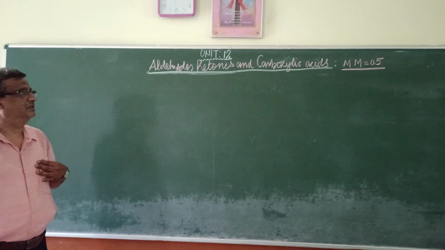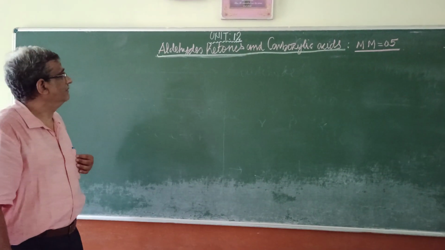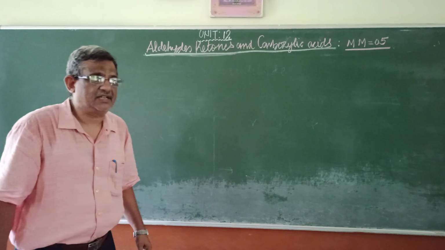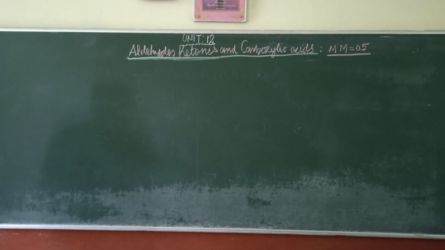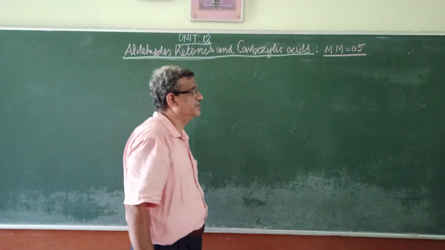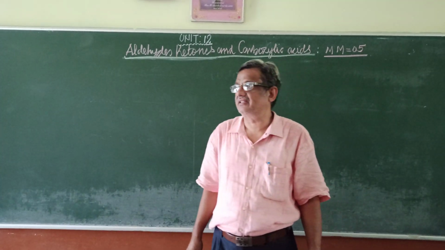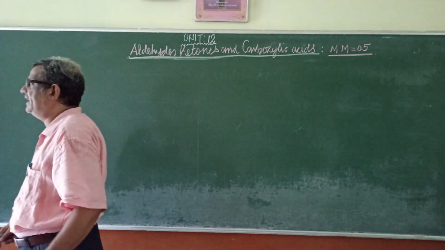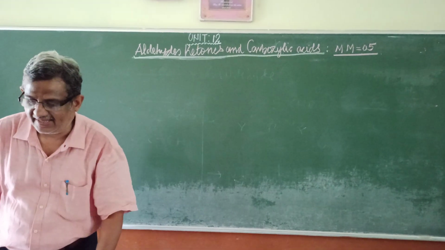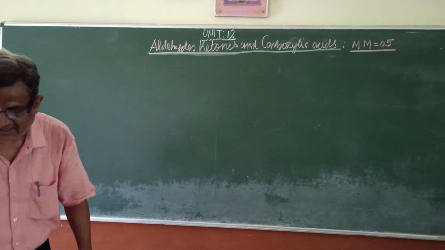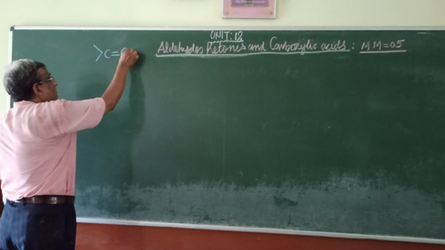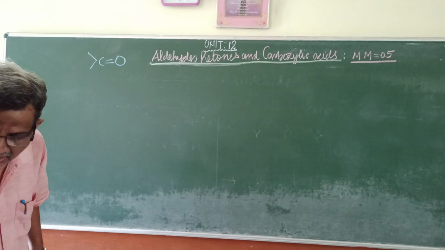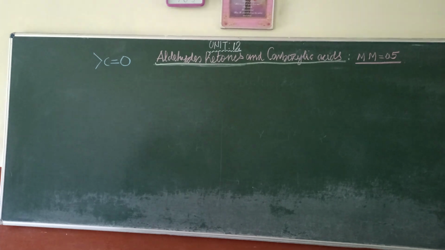Children, let us start Unit 12 of NCERT Volume 2, that is Organic Chemistry, and the chapter we are starting is Aldehydes, Ketones and Carboxylic acids. What are aldehydes, ketones and carboxylic acids? Children, these contain the carbonyl group, and due to this they are called carbonyl compounds.